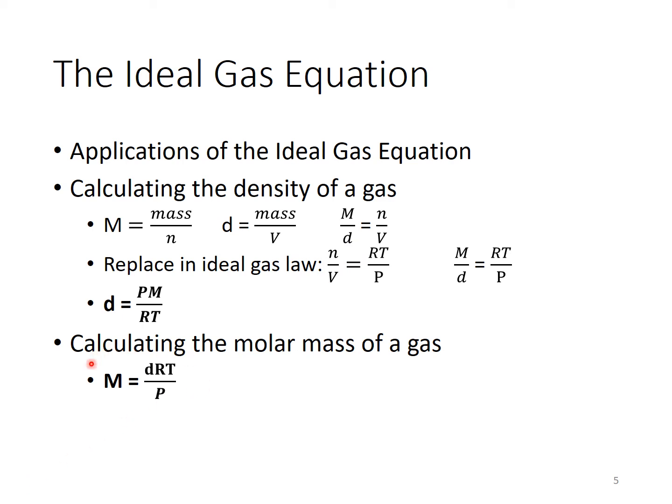Also, you could do dimensional analysis and look at the units to make sure they come out to grams per mole, or grams per liter, for example, instead of just the plug and chug situation.